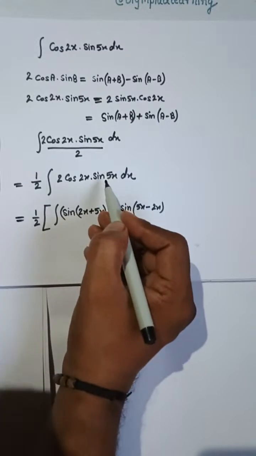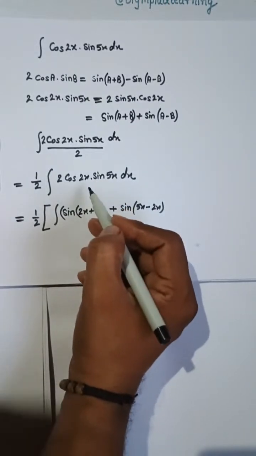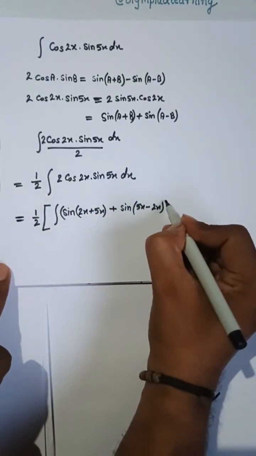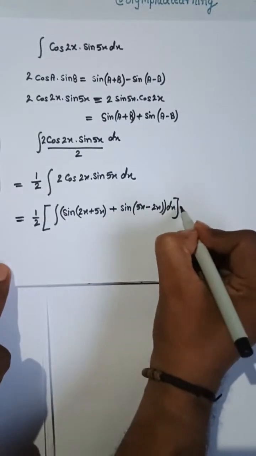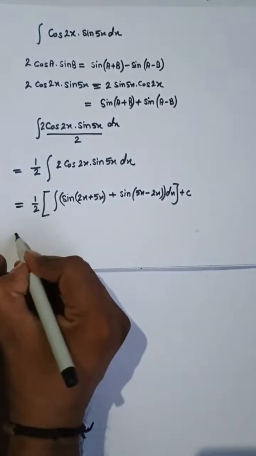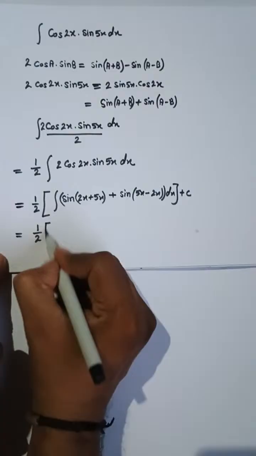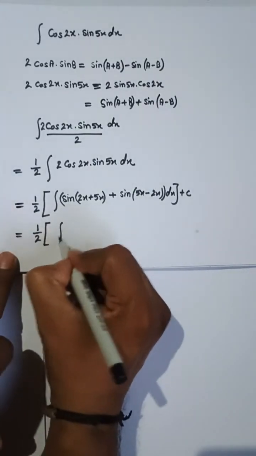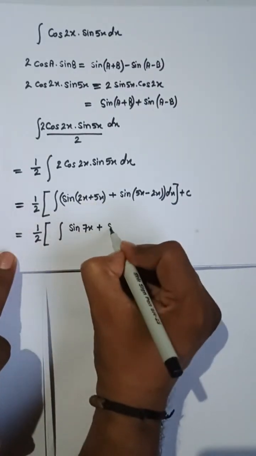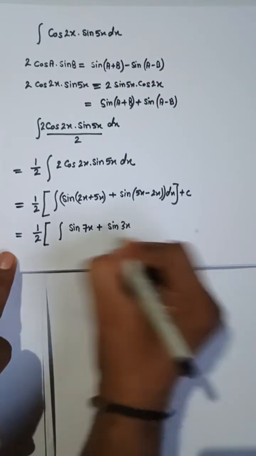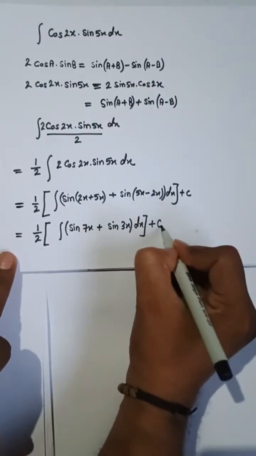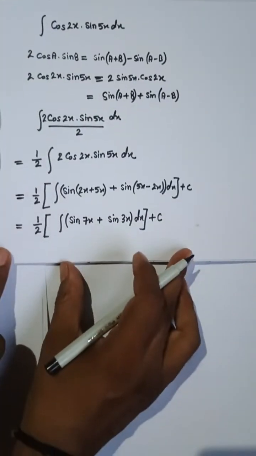Because 5x I consider as A, and 2x I consider as B. So that's why, and then here we have dx plus c. Clear? We have 1 by 2, and then I can easily say the integration of sine 7x plus sine 3x dx plus c.